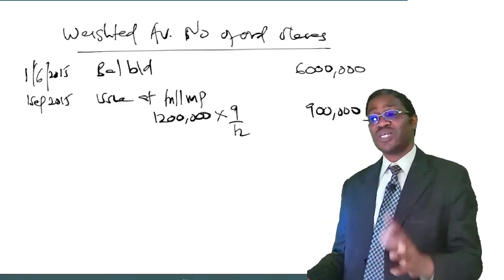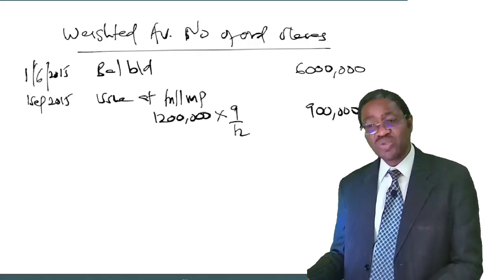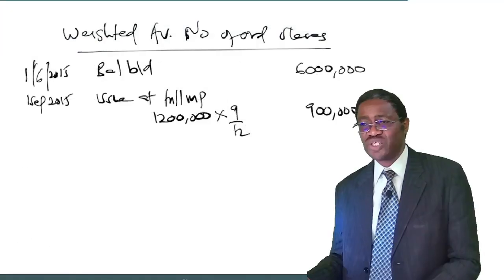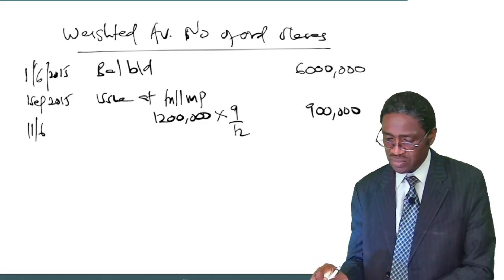So only 50% of the amount has been paid. So we shall participate. And we issued how many shares and when? Let's go back. Note number 2 on 1st January 2016, 300,000 at 80 when they paid me 40. So let's put it on 1st January 2016.